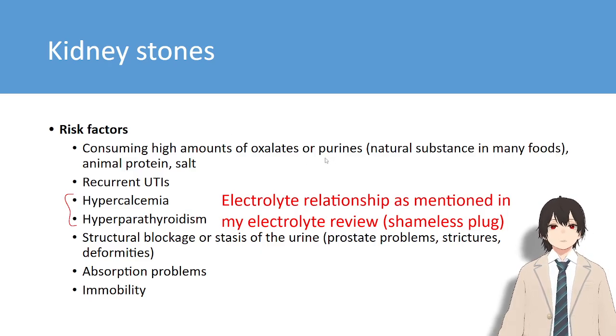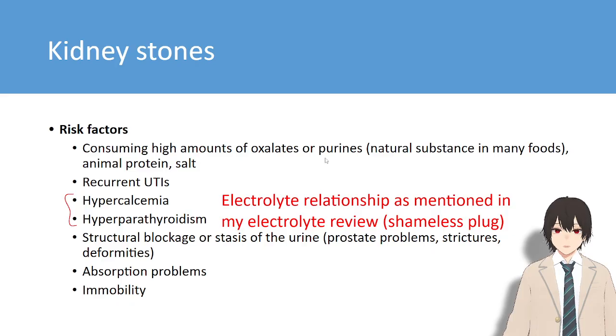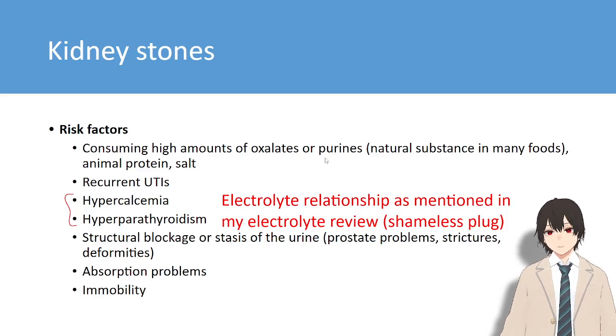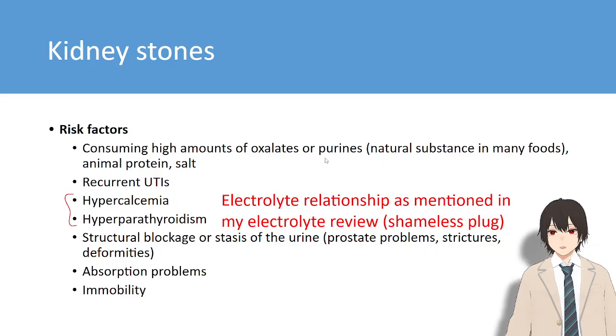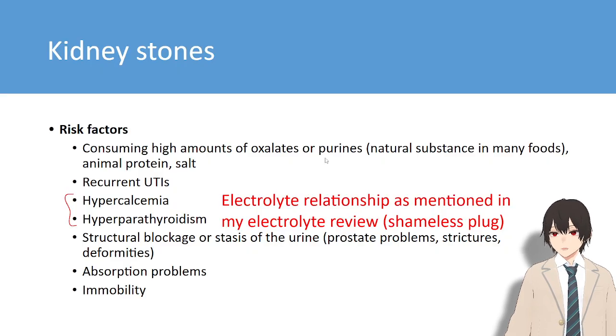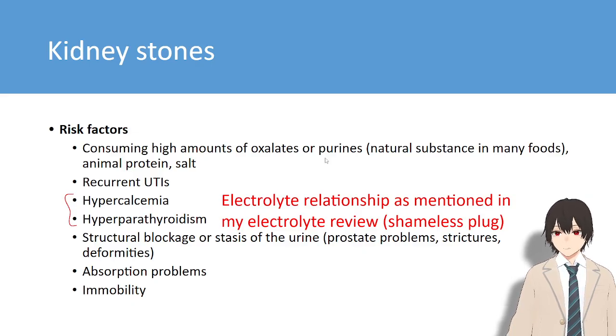If you guys recently did anything related to gout, this should come across as familiar stuff to you, because these go similarly hand in hand, not perfectly, but it's kind of related. Hypercalcemia and hyperparathyroidism with the increased calcium, because of the relationship that they have.